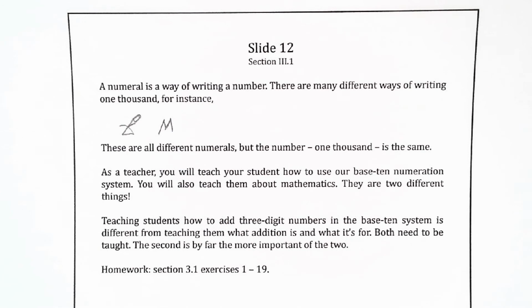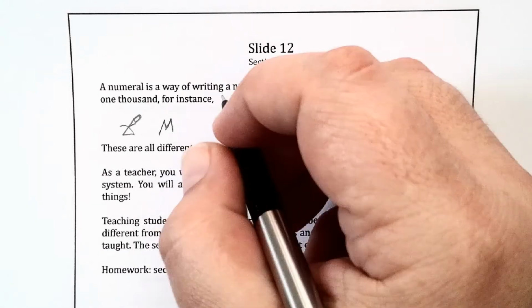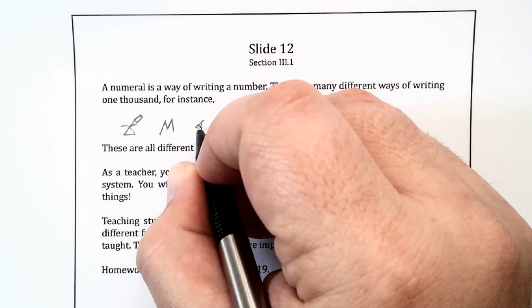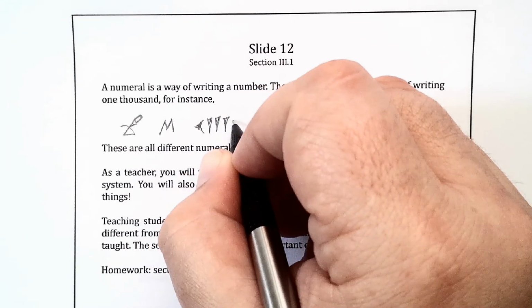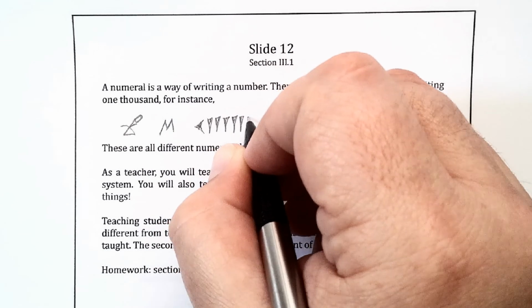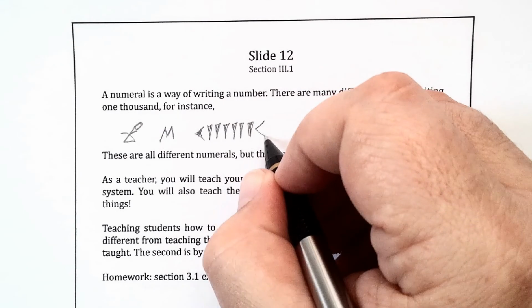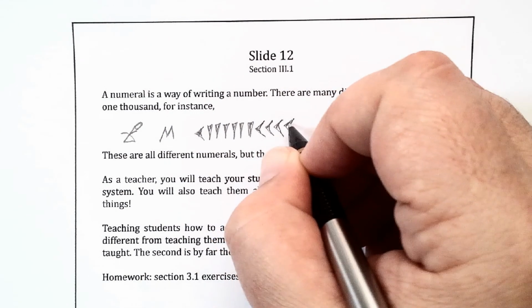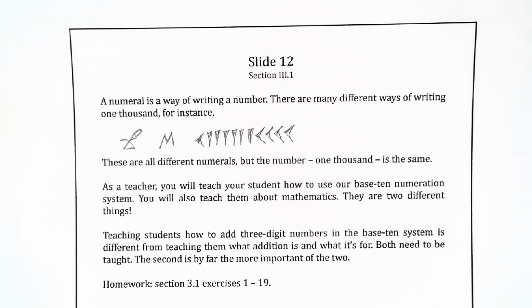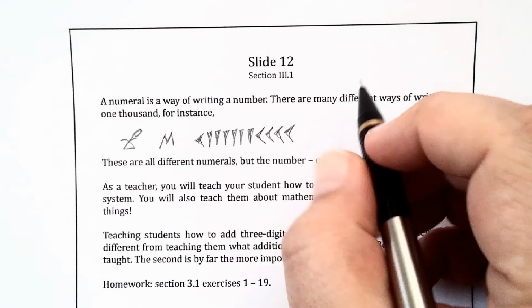Let's see, 1000 divided by 60 is 16, with 40 left over. So you have 16 60s. And then 40 ones. Then we have the Mayan system. There's 2 360s. So we need a 2 at the top.